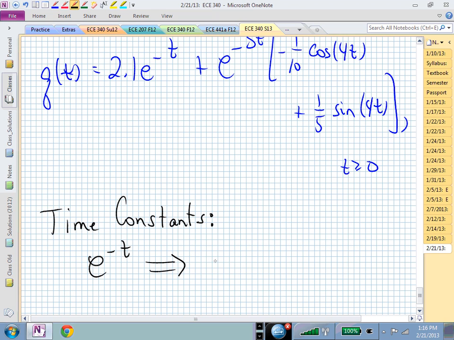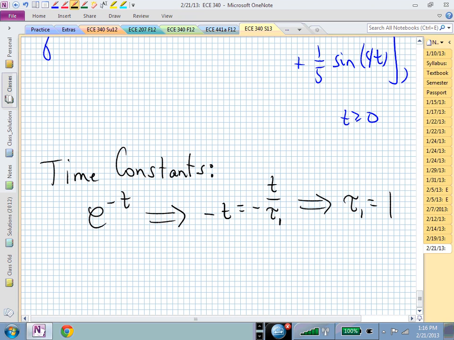And what I'm looking for is when that exponent looks like minus t over tau. So let me just say this minus t, I want to make that look like minus t over tau. I'm just going to make this relationship happen. And now I need to find tau 1. But if we now solve this for tau sub 1, you get the first time constant, which is just 1.